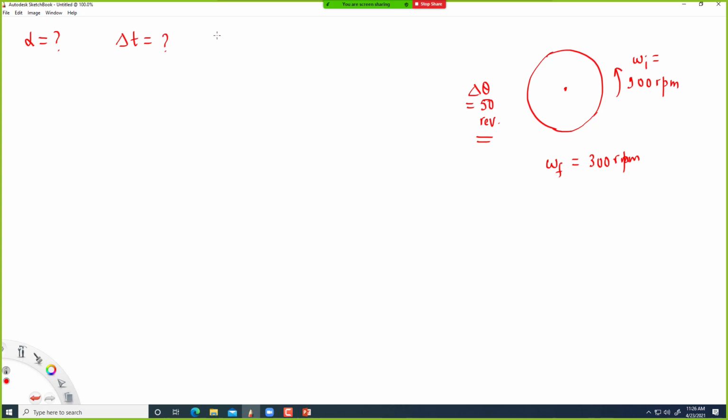So given omega I is 900 RPM, omega F is 300 RPM, and delta theta is 50 revolutions.